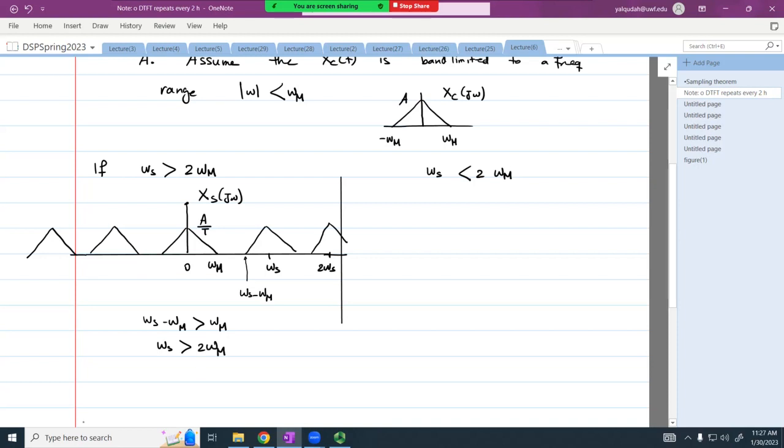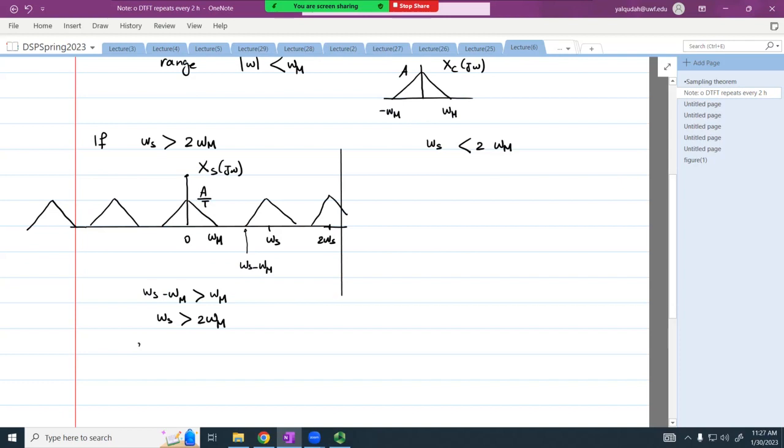So when omega s is greater than twice omega m, there's a gap between this end and this end. So if I look at the spectrum, apparently the shape is preserved.